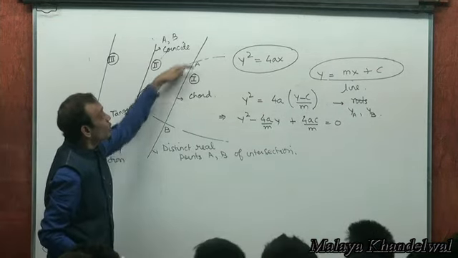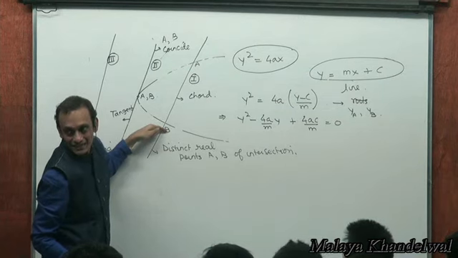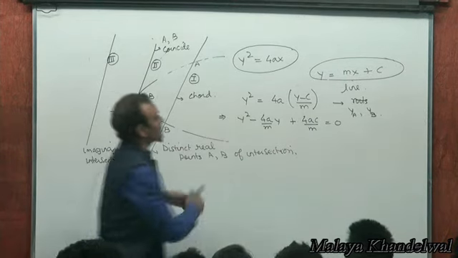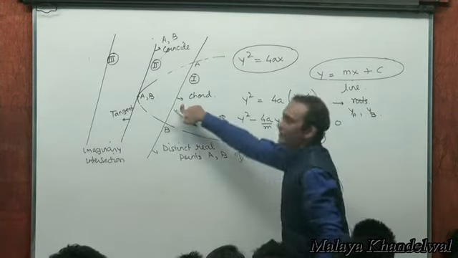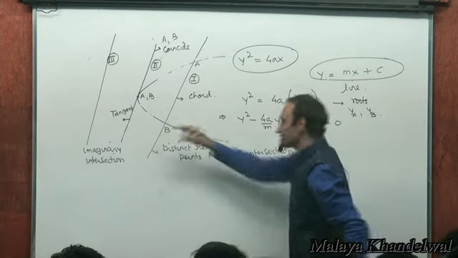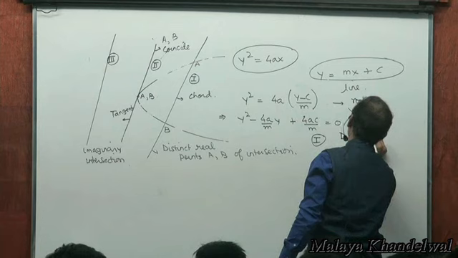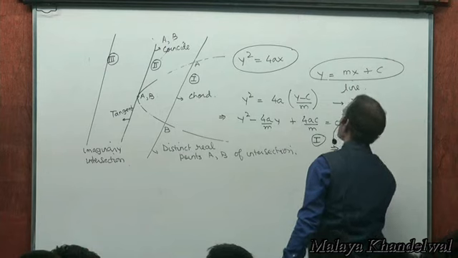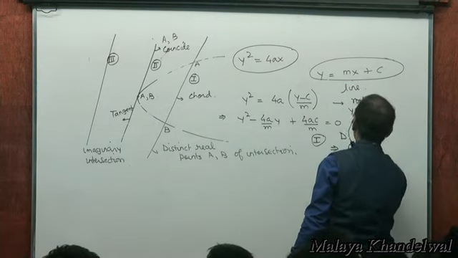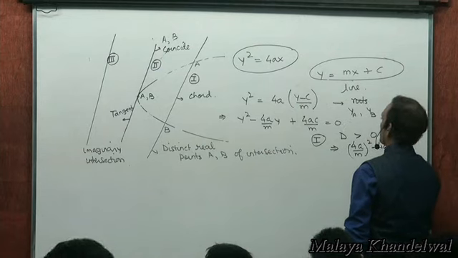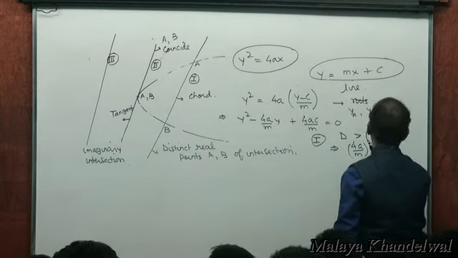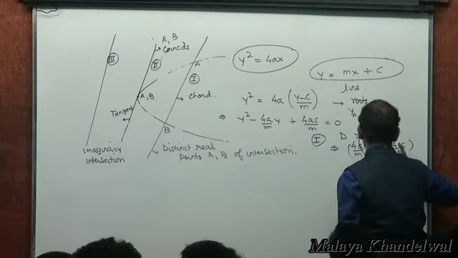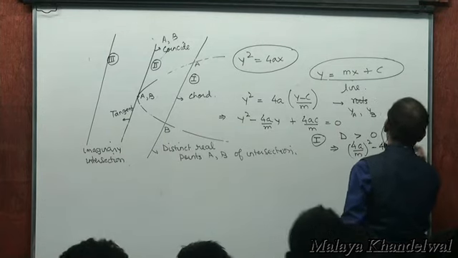Now, for config 1, ya and yb must be real and distinct. For the roots of this quadratic to be real and distinct, the discriminant must be strictly greater than 0. So that means (4a by m) whole squared minus 4a by m into 4ac by m, that is b squared minus 4ac, must be greater than 0.